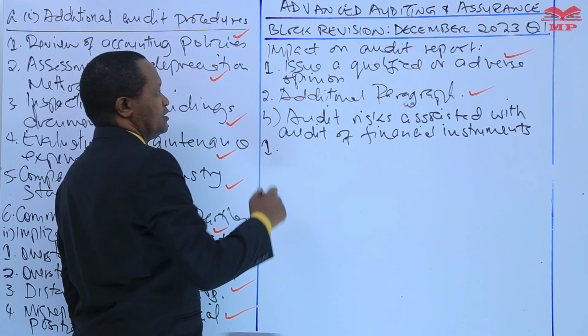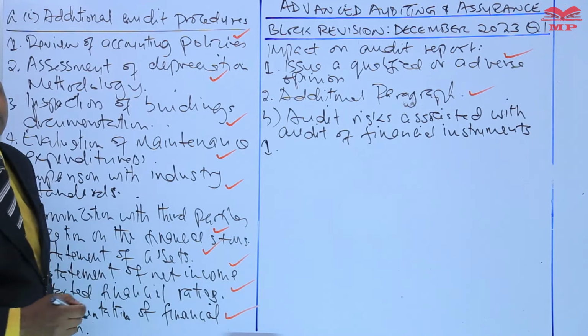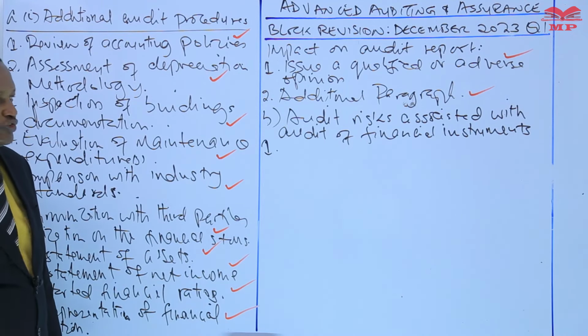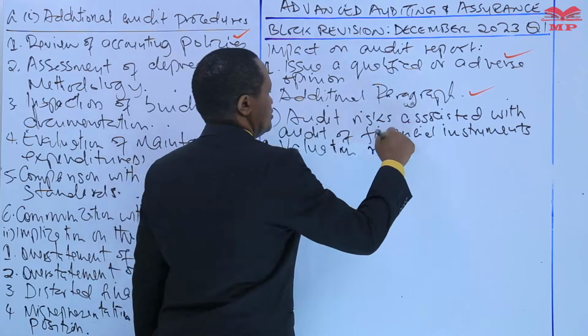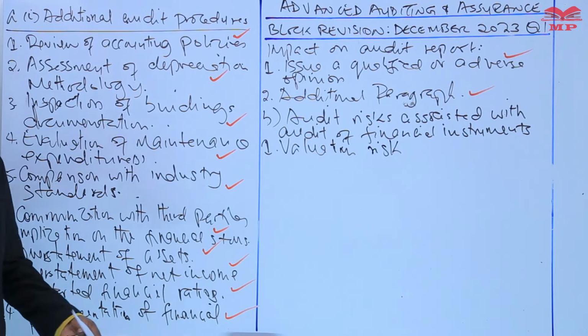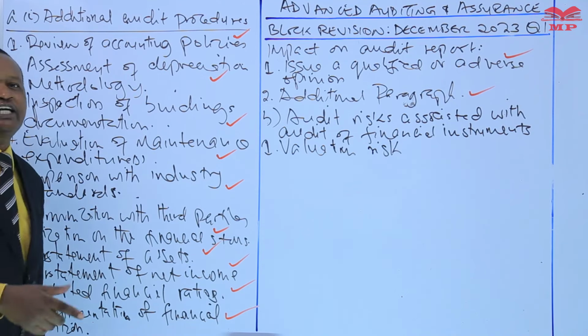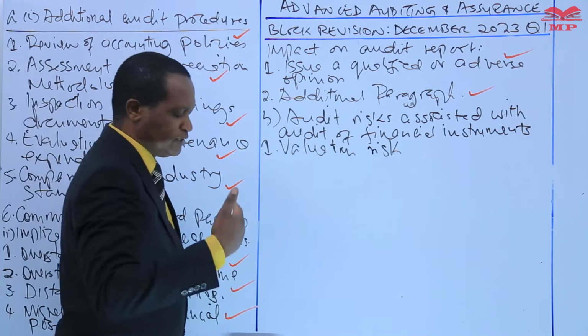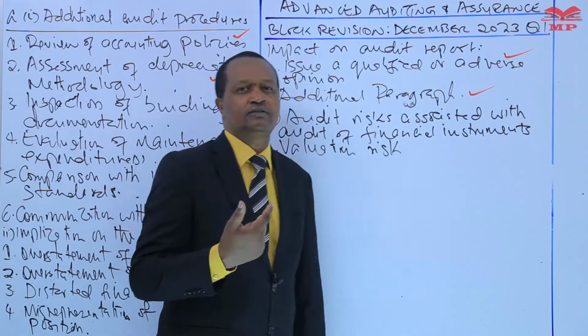The first audit risk is the valuation risk. Financial instruments are often valued using fair value estimates, which can be subjective and prone to error.